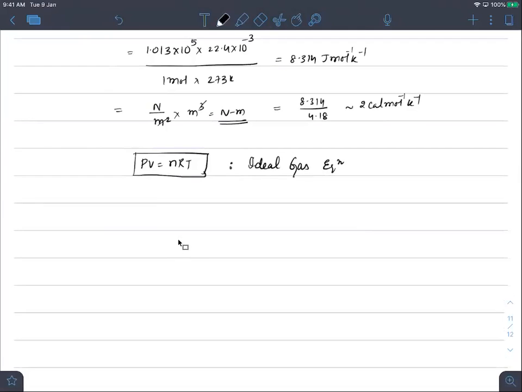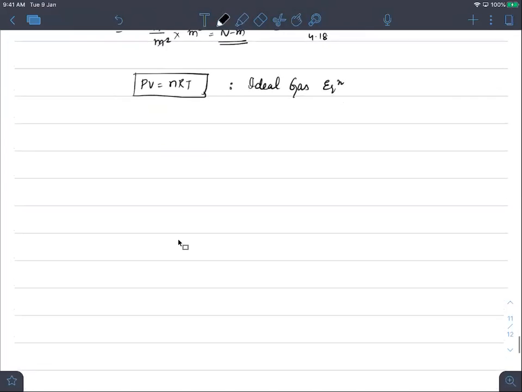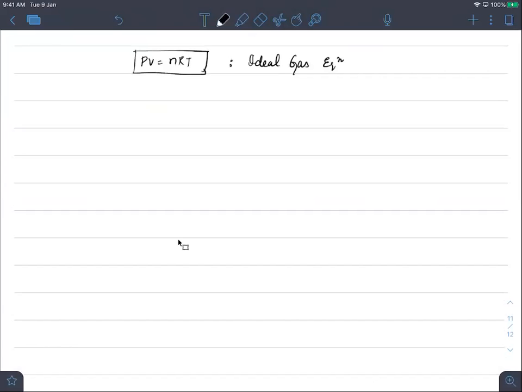There are an immense number of applications in regards to the ideal gas. Let us see one or two applications here, and then we'll go ahead with problem solving of different types. First, we have to find the temperature in kelvins at which 1 mole of an ideal gas follows the following isotherm.